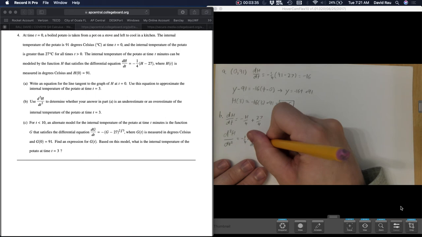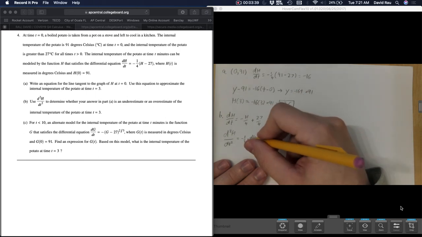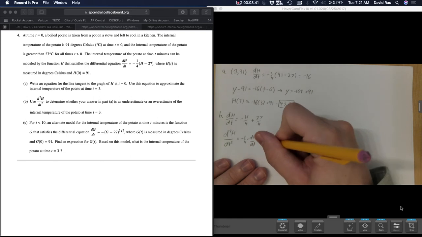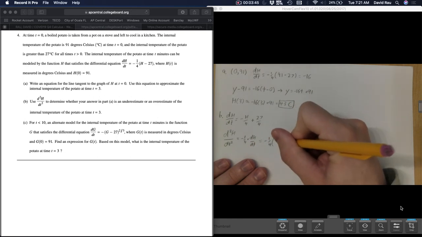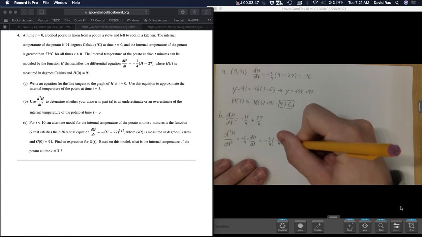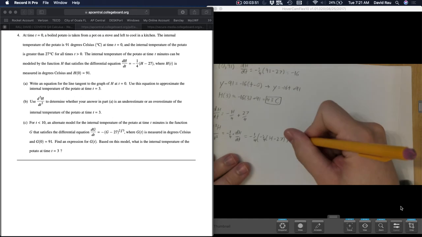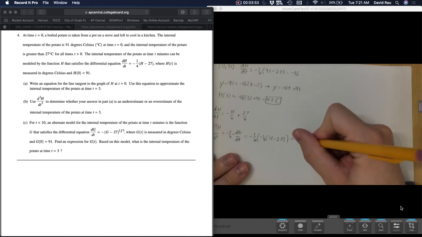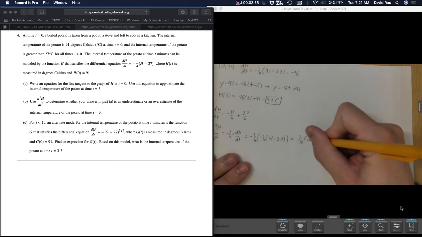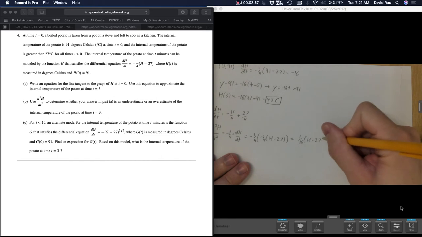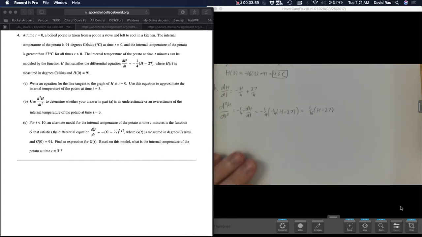So we're technically done, but we want to rewrite this, replacing dh/dt with what it was before. So now we have negative 1/4 times the negative 1/4 times h minus 27. And finally, I'm going to rewrite that as 1/16 times h minus 27. Okay, so that's the second derivative.